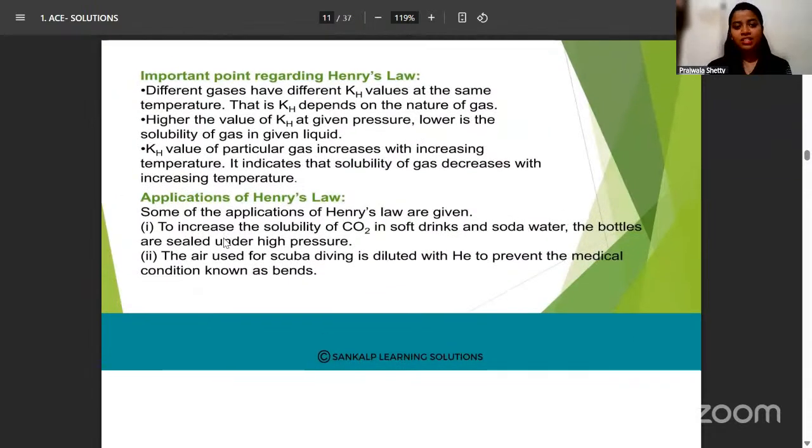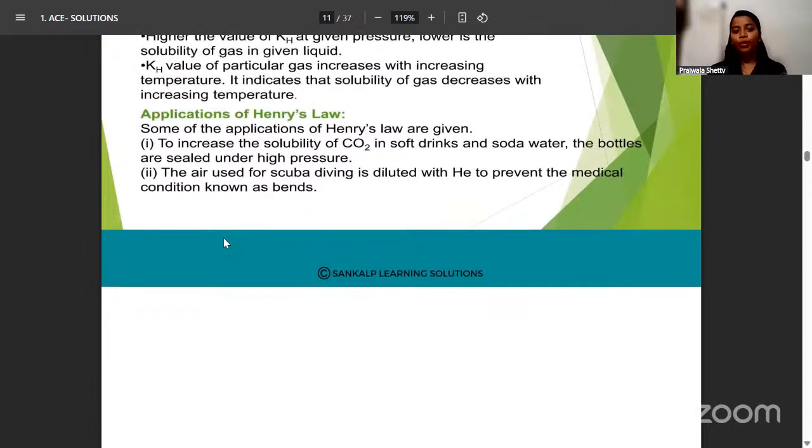So next, let's see the applications of Henry's law. Where does Henry's law apply? Of course, soda drinks, which we drink generally. In that soda drink, what do they do? To increase the solubility of carbon dioxide gas. Usually soft drinks contain carbon dioxide. To make that carbon dioxide more soluble, the bottles are sealed under high pressure.